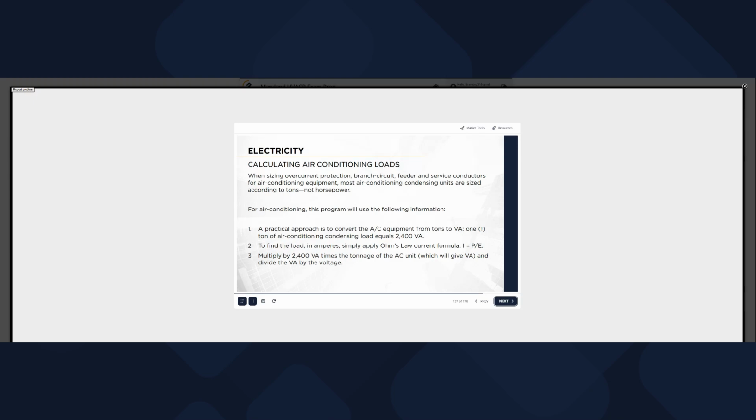A practical approach is to convert the AC equipment from tons to VA. 1 ton of air conditioning condensing load equals 2,400 VA. To find the load in amperes, simply apply Ohm's law current formula. I equals P divided by E. Multiply 2,400 volt amperes times the tonnage of the AC unit, which will give VA, and divide the VA by the voltage.